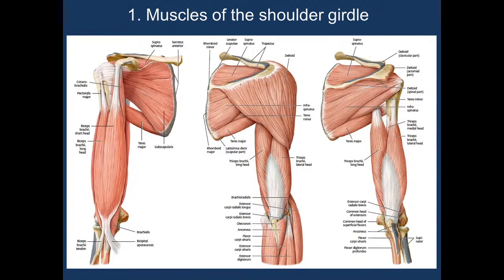We distinguish the deltoid here, then subscapularis, supraspinatus, infraspinatus, and teres minor, as well as the teres major.